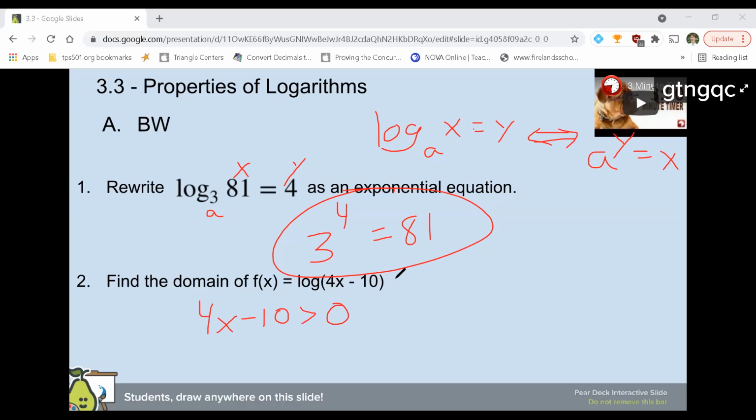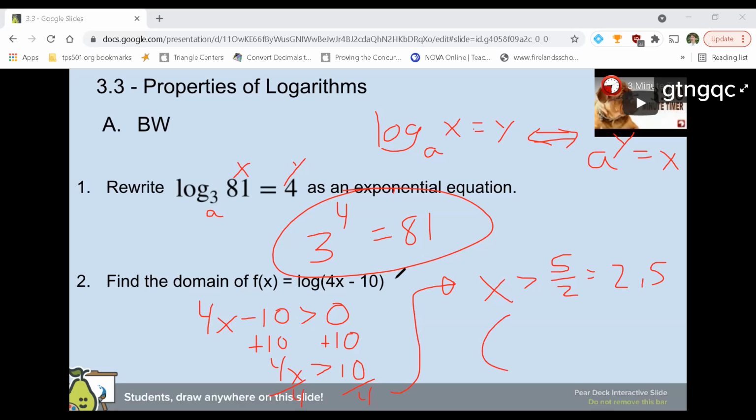To solve this for x is 2 steps. Add 10, and divide. Do I need to flip the sign this time? No. Why not? It is not negative. It's a positive number. So you could tell me that's 5.5 or 2.5 either.